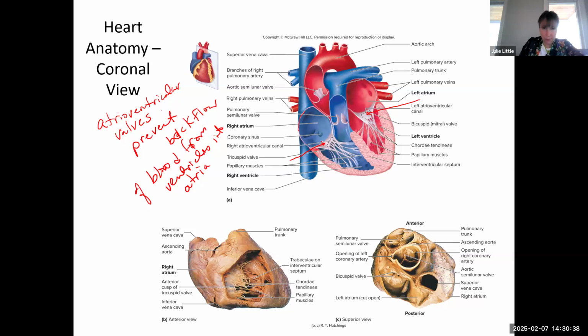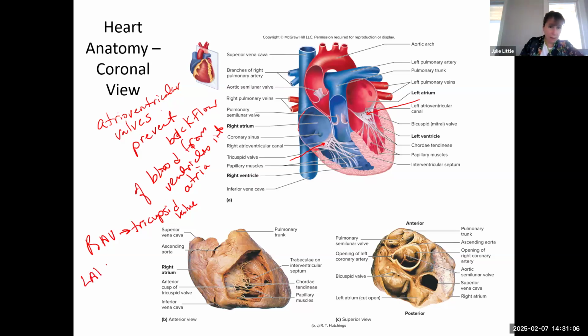So these atrioventricular valves, if you're on the right side, it's called the right AV valve. That guy's called the tricuspid valve. It prevents blood from going from the right ventricle back into the right atrium. That's the wrong way. On the left side of the heart, the left AV valve is called the mitral valve.